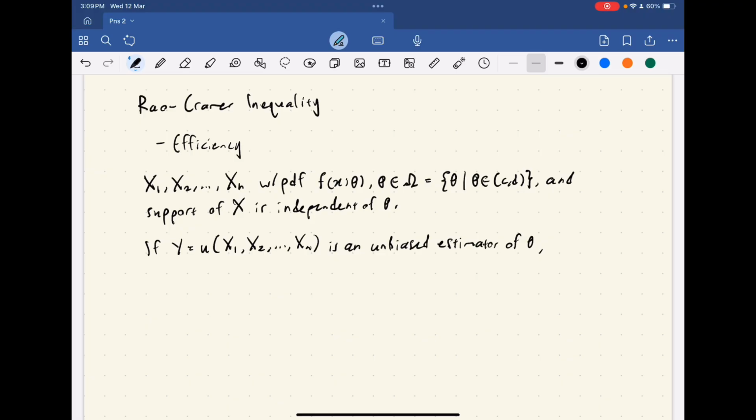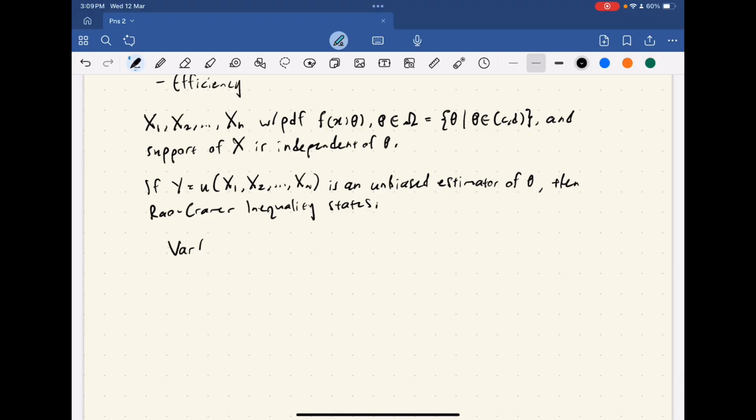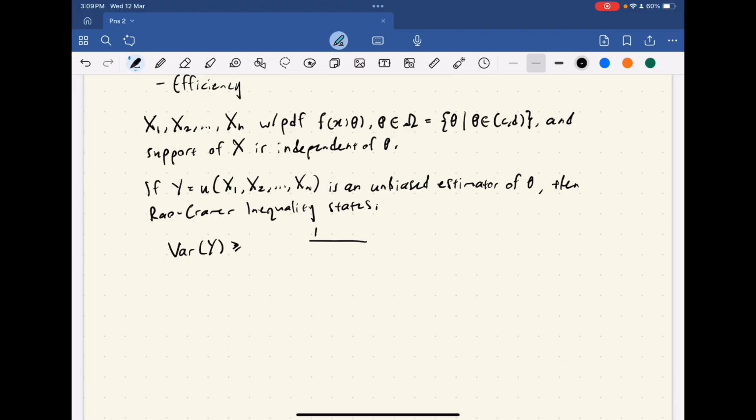then the Rao-Cramer inequality states that the variance of Y is greater than or equal to 1 over n times this integral here, d log f(x).